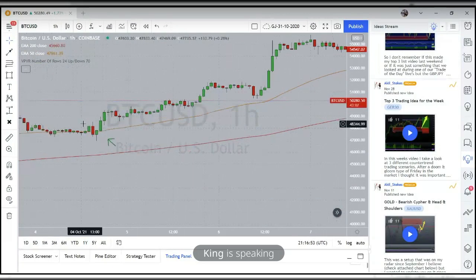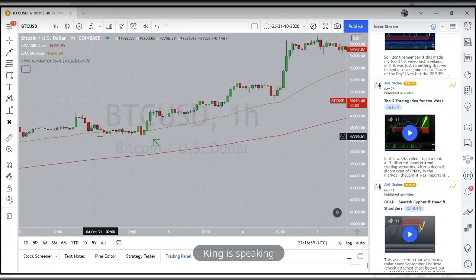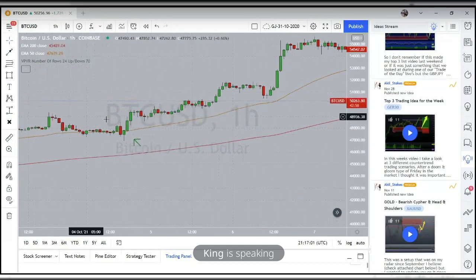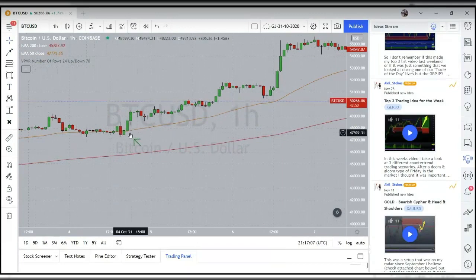So power of three or power of five, if you see a power of five, I would guess it would give you more confidence than the power of three. But yeah, that is the main hammer candlestick pattern that I use.